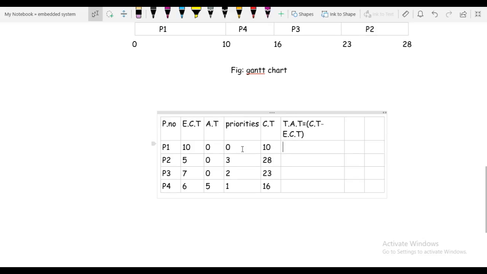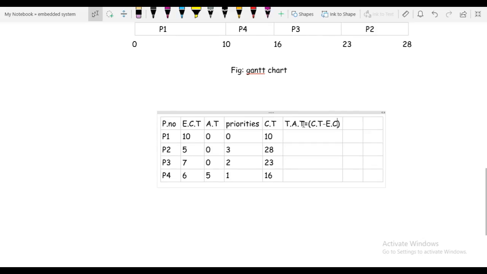So completion time minus arrival time: that is 10 for P1, 28 for P2, 23 for P3, and for P4 it is 16 minus 5, that is 11, right?